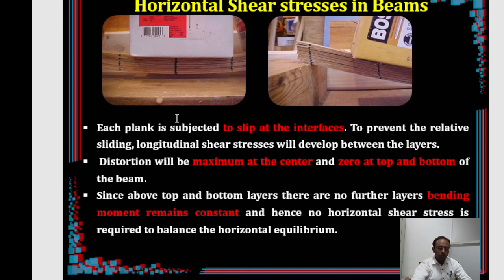right? Now you can draw a line at three different locations, at the top, at the bottom, and at the middle, and examine what happens to this line. You will be able to see that the slippage or the distortion will be maximum at the center, and at the top and bottom it is almost not disturbed.